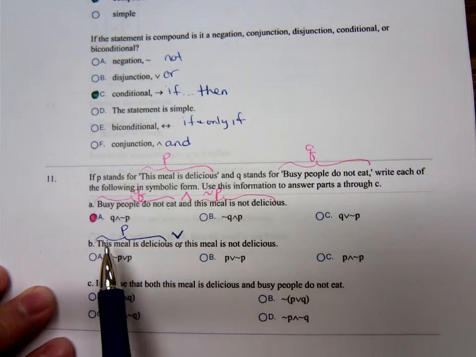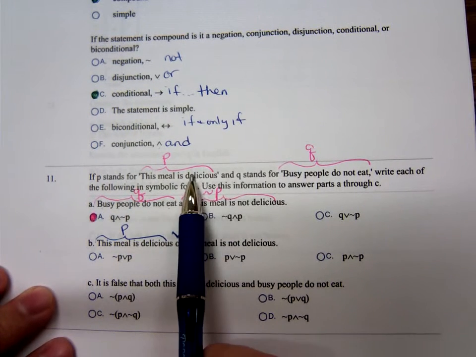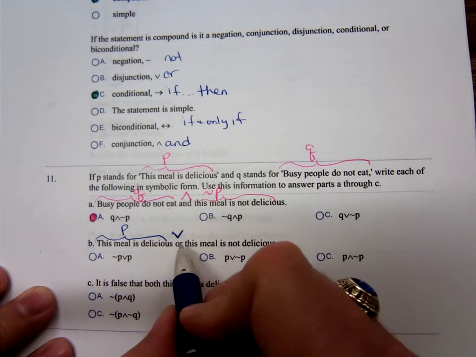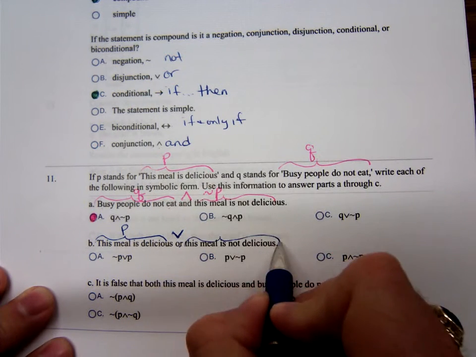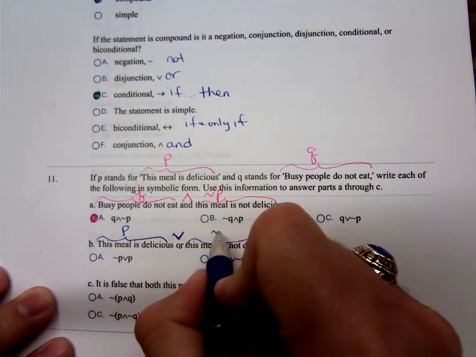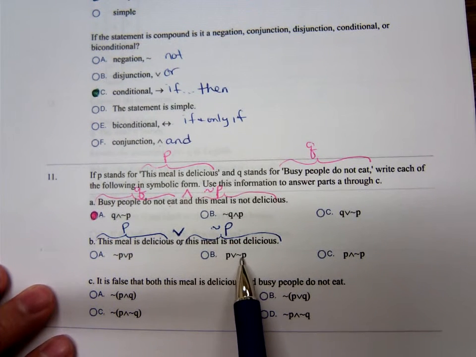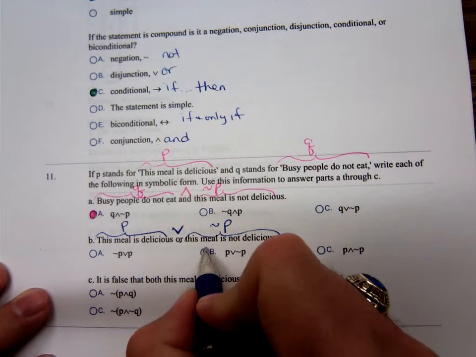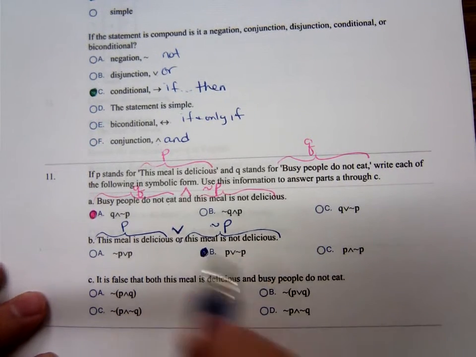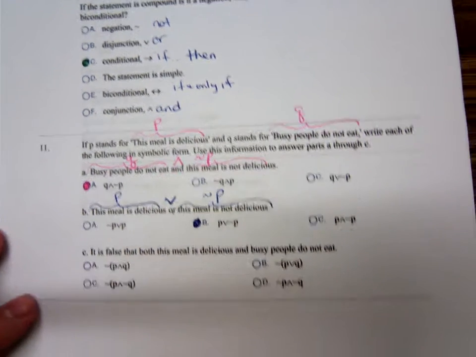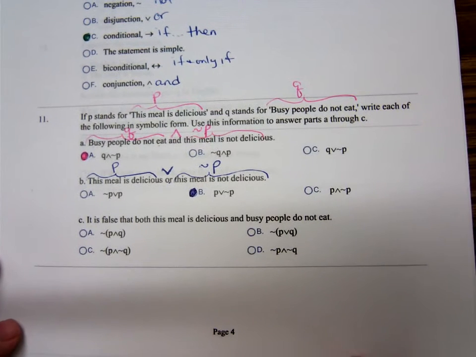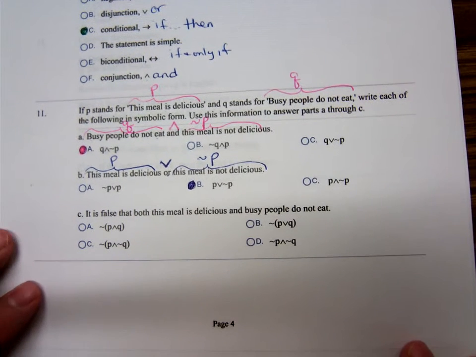So this meal is delicious, that's P, or this meal is not delicious, that would be not P. So P or not P, is that going to be B here? Can y'all see that better in blue ink?